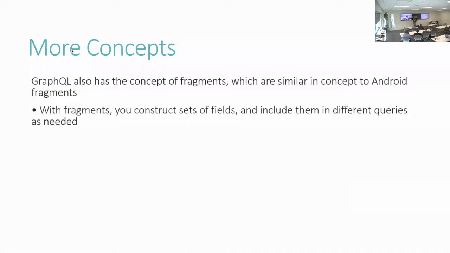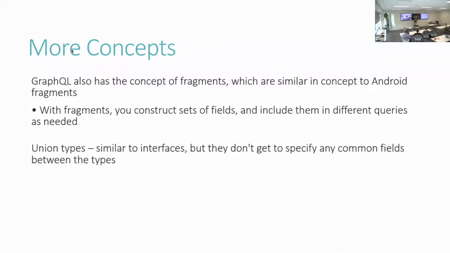With fragments, you can construct sets of fields and include them in different queries as needed. I'll show you an example of that from the GraphQL website in a second. You can define a fragment of a query with a shared set of fields, and then reference it in however many other queries you want, as long as they try to get back the same object type. It's really handy to use.